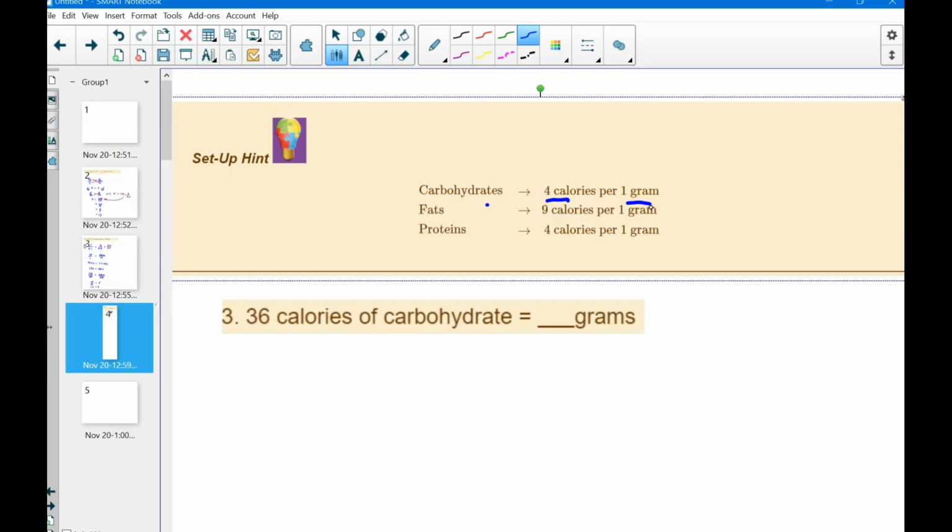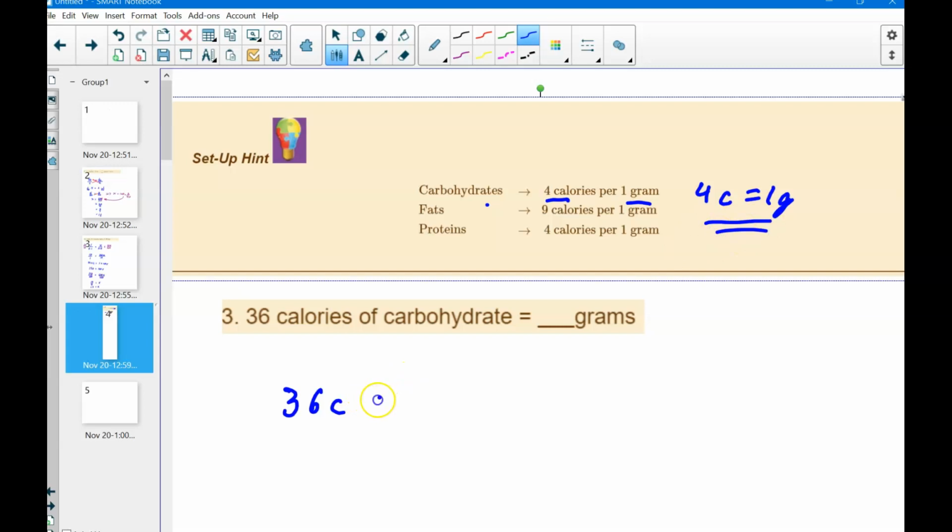So if I had 36 calories, so 36 C, I want to get rid of that C. So right here, this means that 4 C equals 1 gram. Okay? So if I want to get rid of that C, I'm going to set this up here.